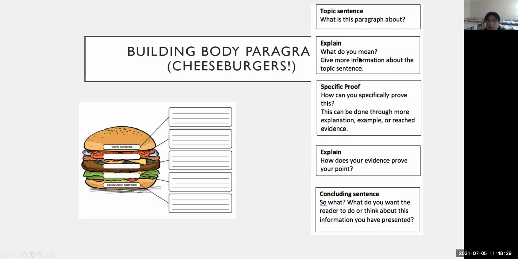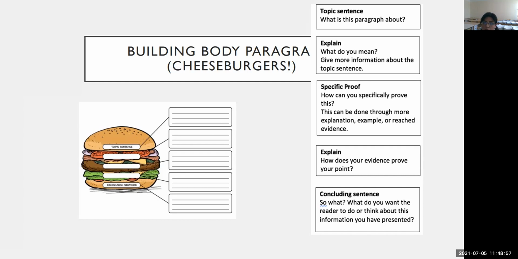So what is a topic sentence? In the topic sentence, we usually express what the paragraph is about. And then after the topic sentence, we explain this topic sentence. What do we mean? We give more information about the topic sentence. Then we give proof for our topic sentence, how we can specifically prove this explanation.